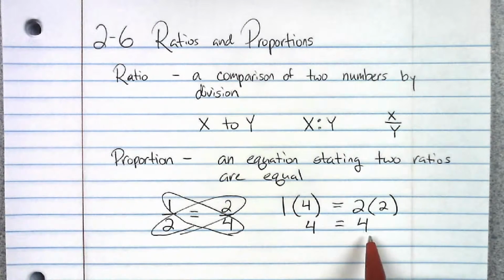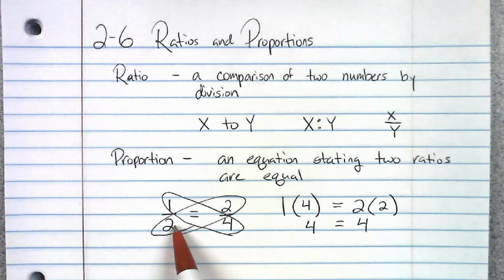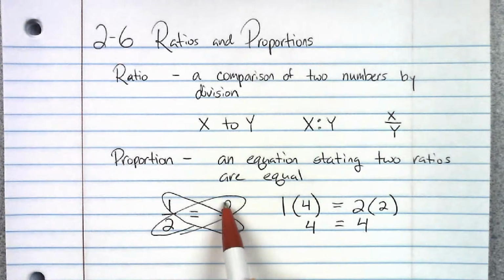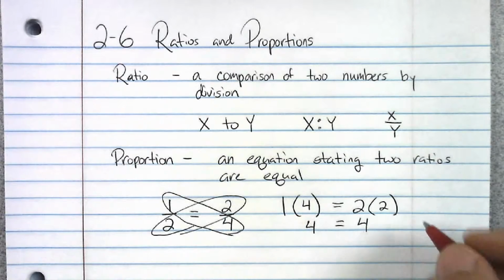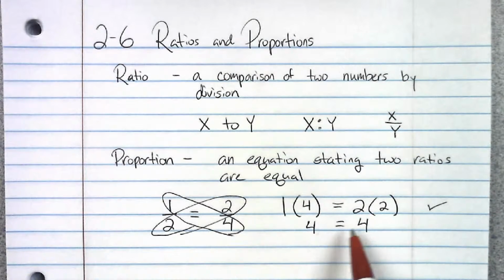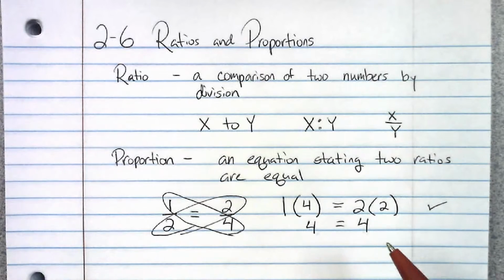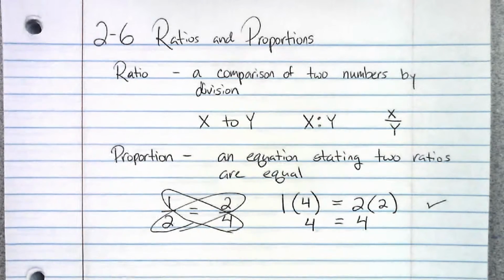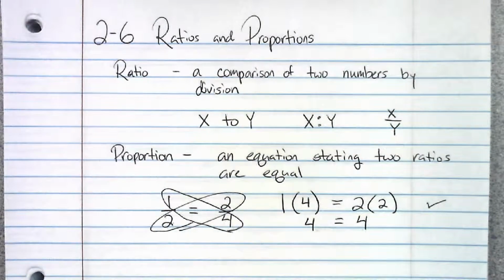By getting the same value on both sides of the equal sign, we've proven that this ratio equals this ratio and that this is a proportion. If we ended up with different numbers on both sides of the equal sign, then these two ratios would not be equal and this would not be a proportion.